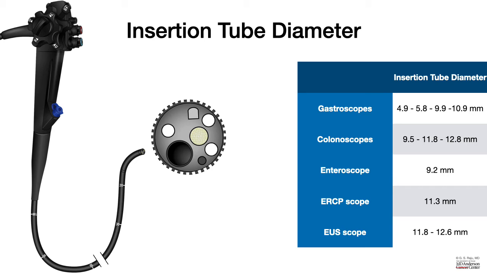In that case, you may want to pick a pediatric colonoscope, that is 11.8, or in some cases you may pick up a slim colonoscope, 9.5 millimeters in size. So it's important to figure out what are we dealing with. Is the patient going to have some difficulties due to narrowing of the lumen? In that case, you want to pick a scope that is smaller than the opening so that it can go through.